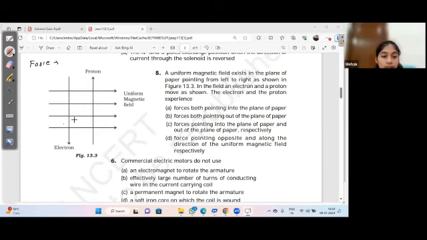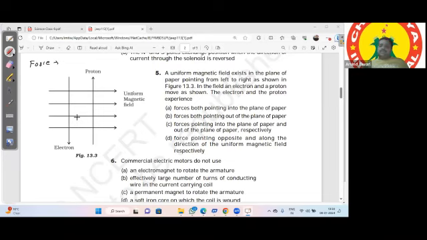So the electrons will experience the force in the west direction. Where? No, wait, east direction, sir. See, unless the question talks about north, south, east, west, do not talk about north, south, east, west.